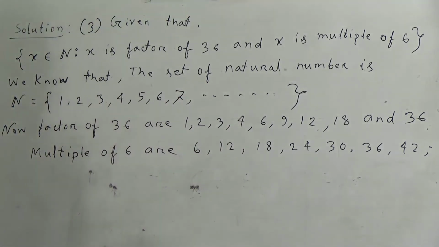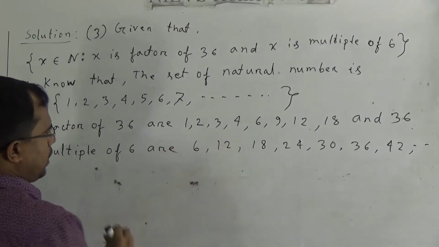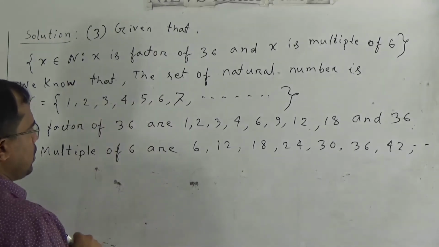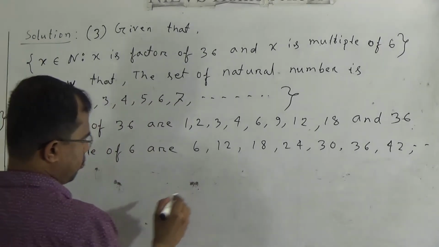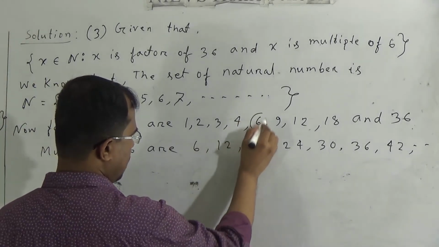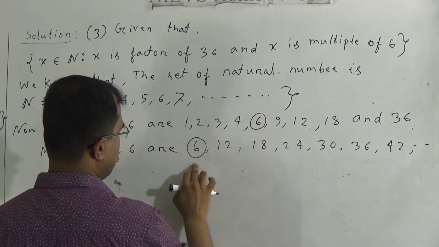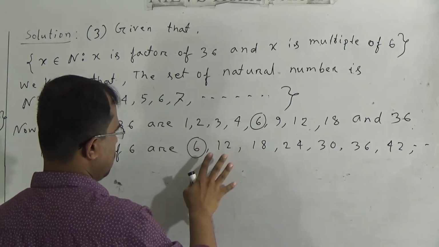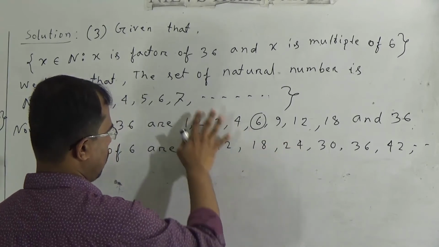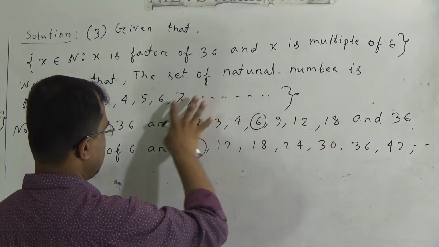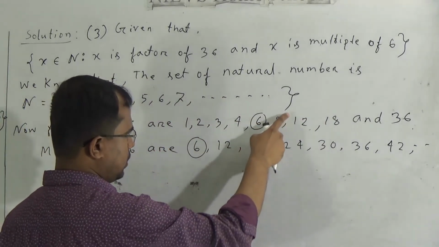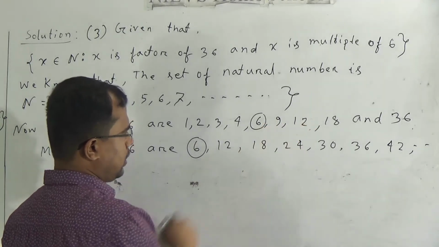Now we have to see the numbers which exist here and here; those will be the elements of this set. 6 exists here and here. 6 also exists in the set of natural numbers. We need not check whether the numbers exist here, because all of these numbers exist in the set of natural numbers. We will see only the numbers which exist among these two lists.